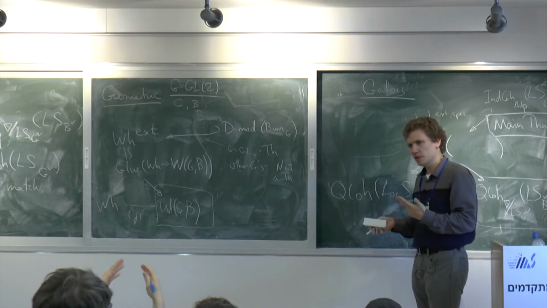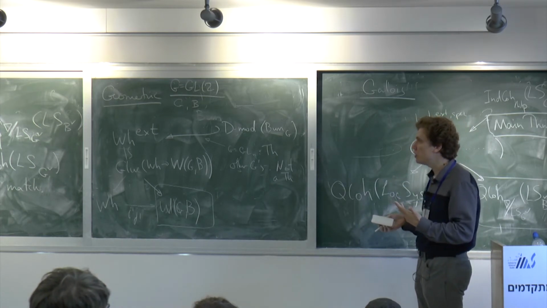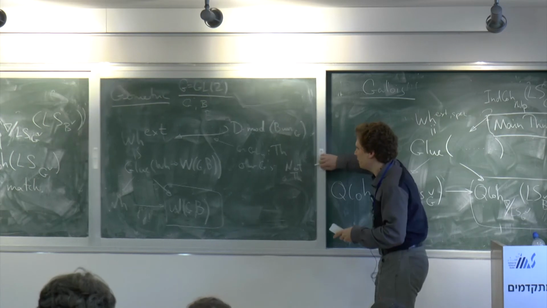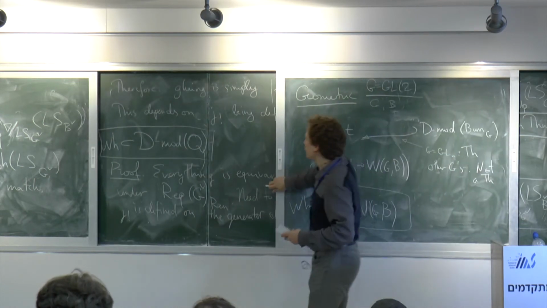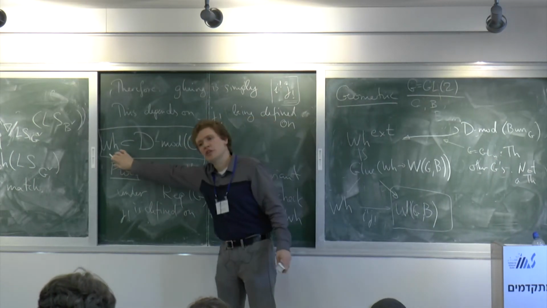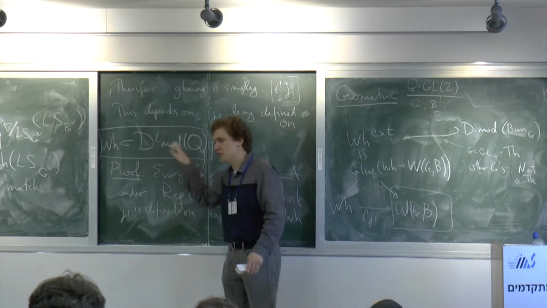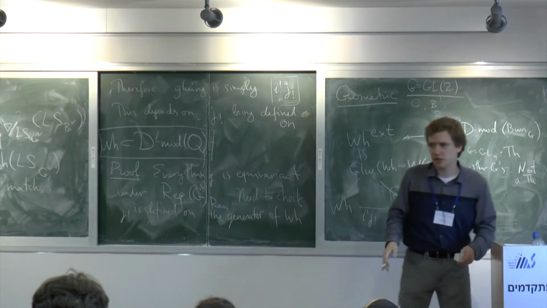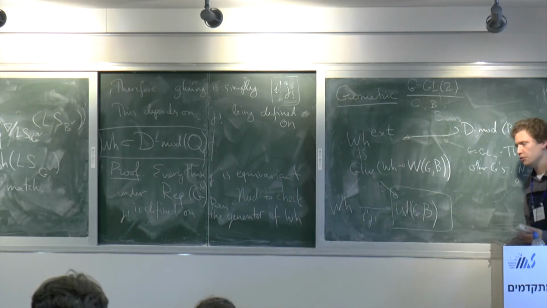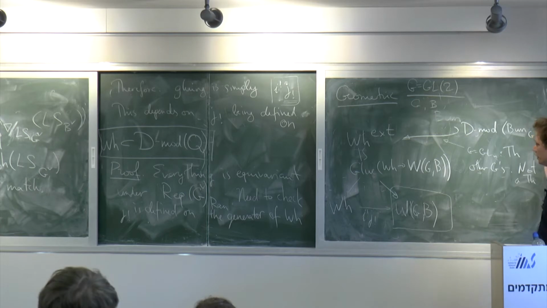You can try to include both. But the point is that they won't glue, because the geometric gluing functor depends on the equivariance condition. It's not necessarily defined on D-modules on the entire Q.